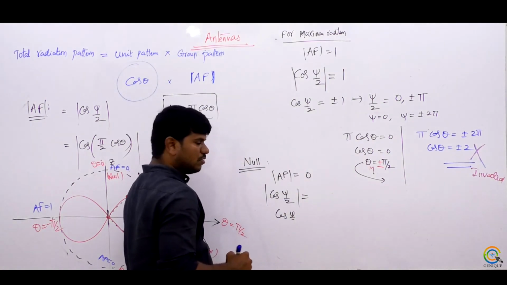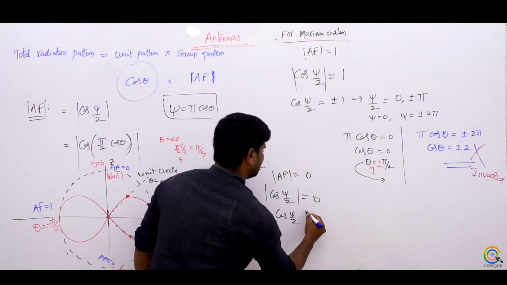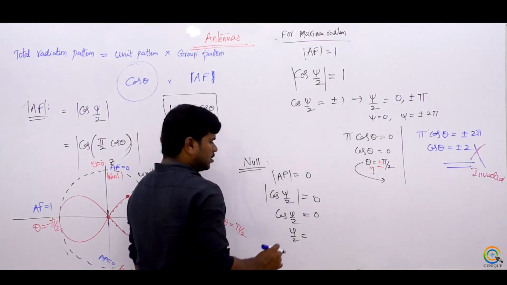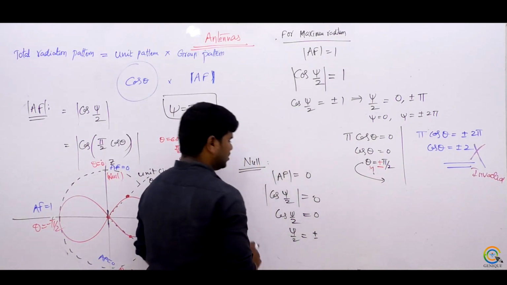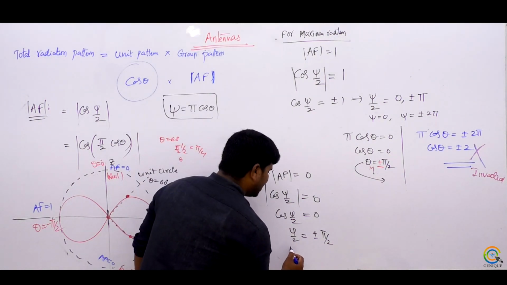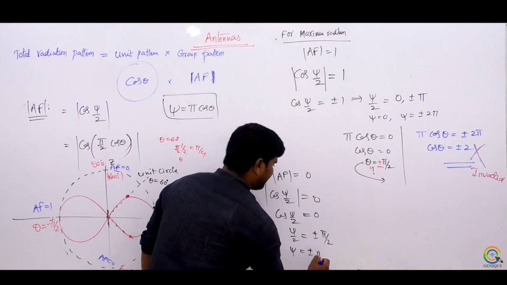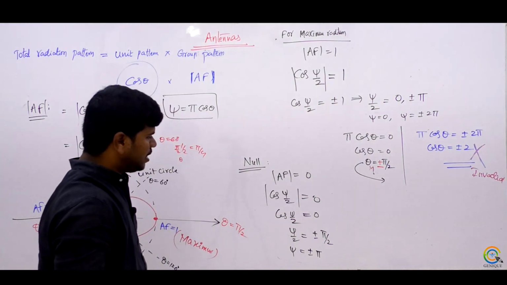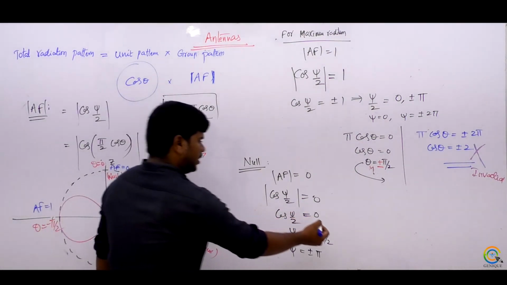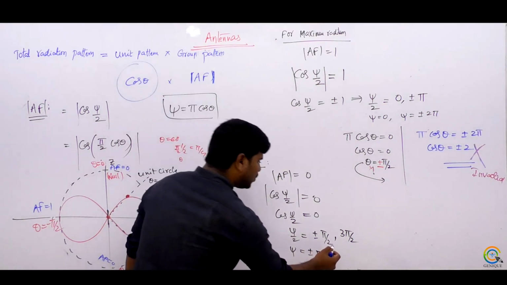So from this, psi by 2 is equal to plus or minus pi by 2. So from this, psi is equal to plus or minus pi. This is one thing. And you can also write 3 pi by 2 also.